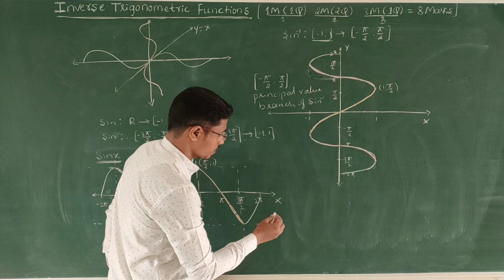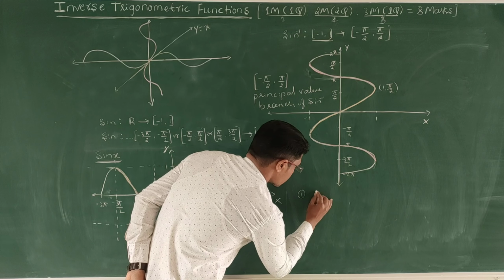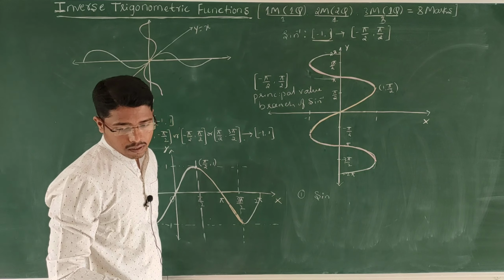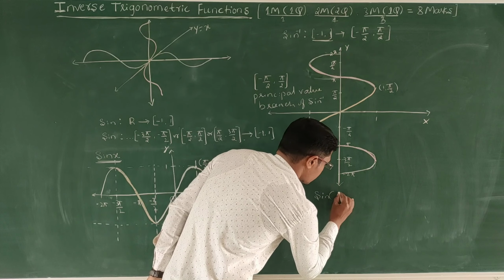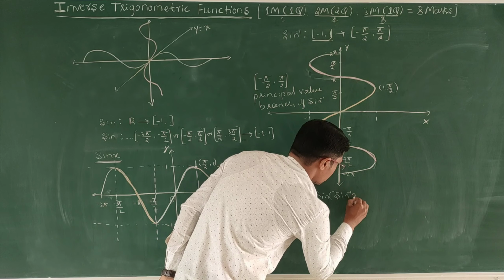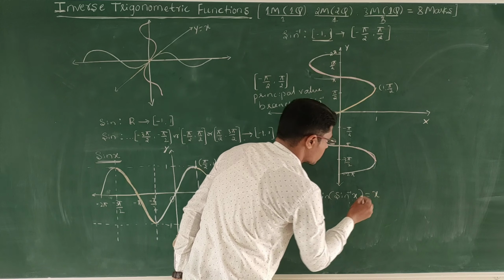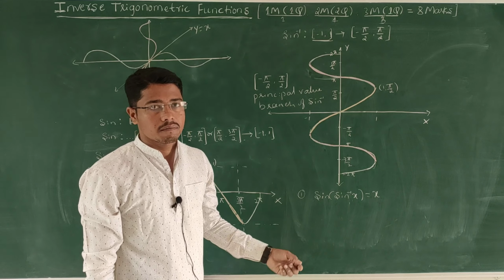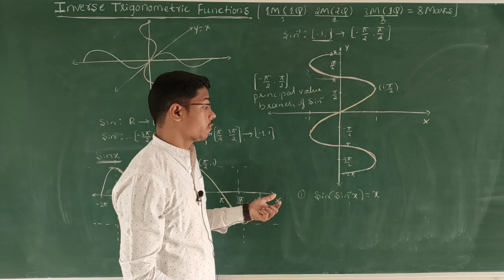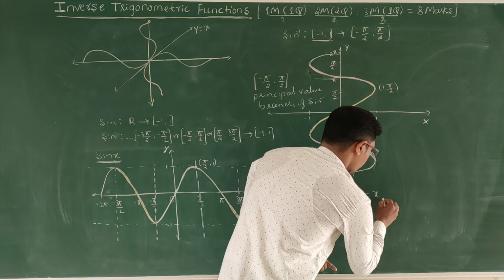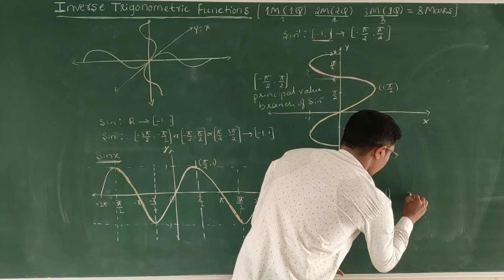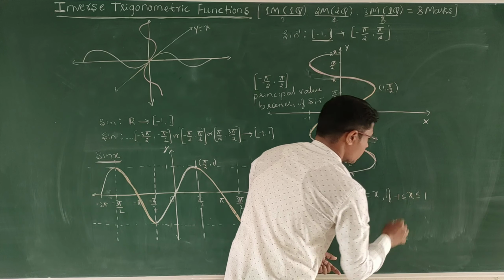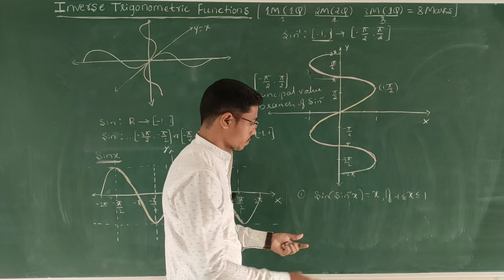And see here now some notes. Sine of sine inverse x equals x, because sine and its inverse cancel. Sine of sine inverse x equals x if x is between minus 1 and 1.